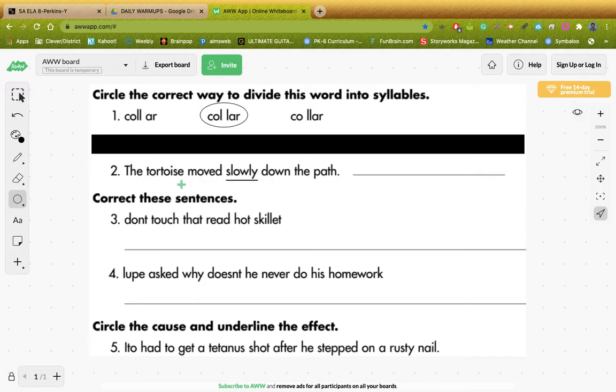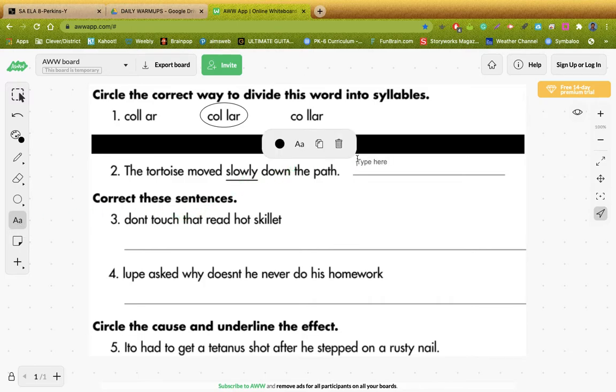Number two, it says the tortoise moves slowly down the path. Now what we're focused on, they've underlined the word slowly, and I want to point out that it ends in ly. Now what they are asking us is this: what part of speech is slowly?